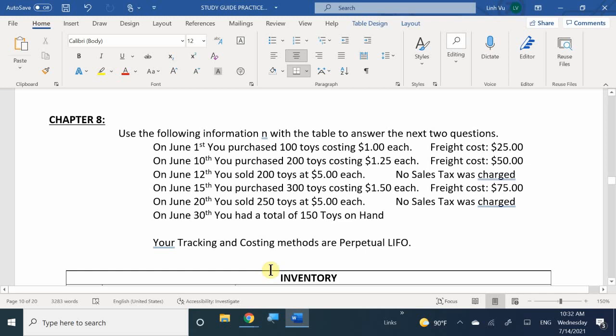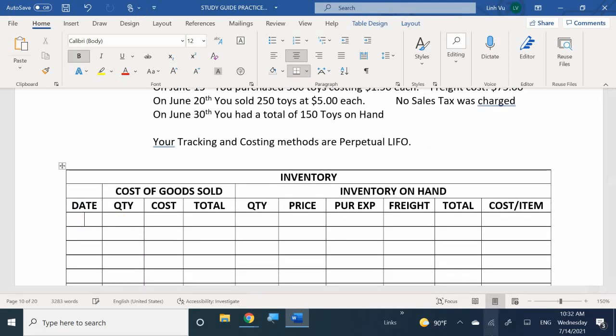On June 1st, you purchase 100 toys costing $1 each, and the freight cost you $25. So I'm going to enter it here, June 1st, skipping right to the middle section. I bought 100 toys at $1 each with the freight costing $25.